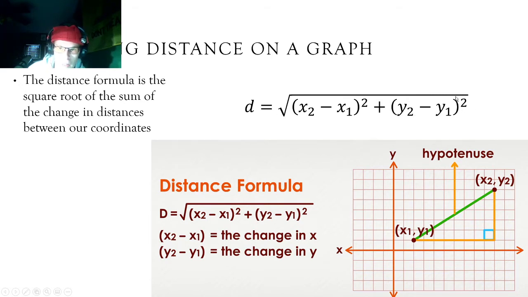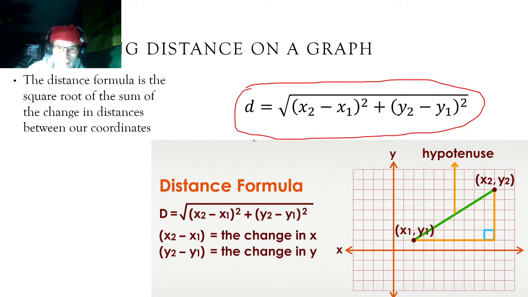And that's all under a square root symbol, okay? So this formula you need to memorize. You have to know this formula, okay? So know that formula. This gives you a little bit of description on how you come about with the distance formula. But there's a little bit more of a better description in the book if you're interested in that.